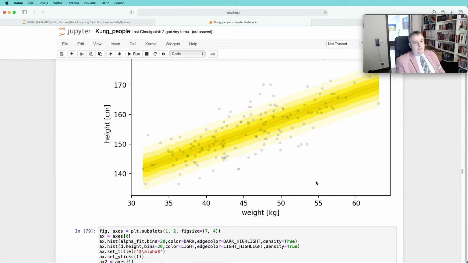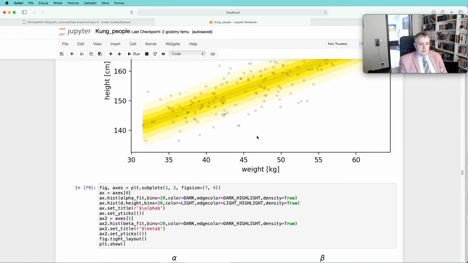This of course is not a perfect model, but as you can see the spread here is also visible. It might be hard to capture, especially since this is not a general spread for all heights, but is more located here around this average weight. So it might not be capturable by a linear relationship.